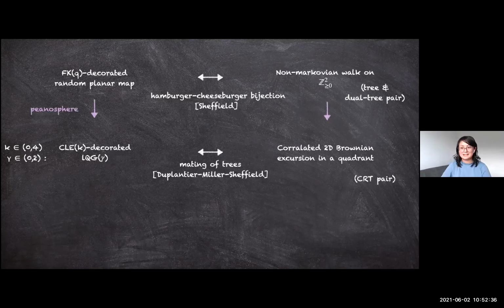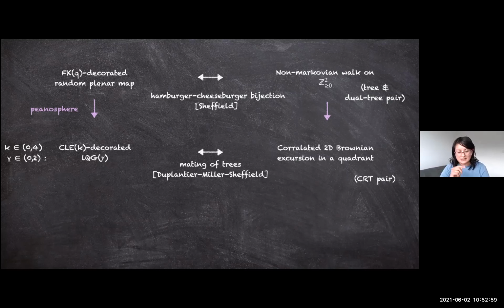What is interesting here is that we can understand the convergence of these walks to their corresponding Brownian excursions, and this defines convergence for these decorated random planar maps to the decorated Liouville quantum gravity.